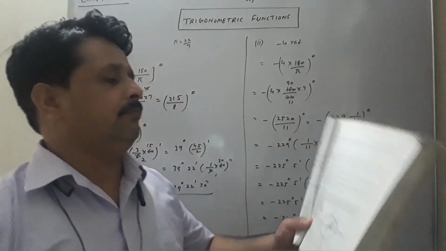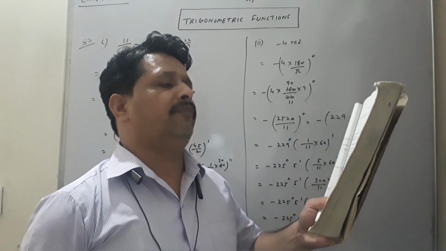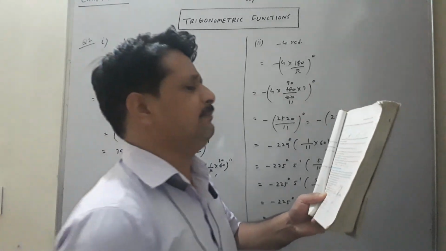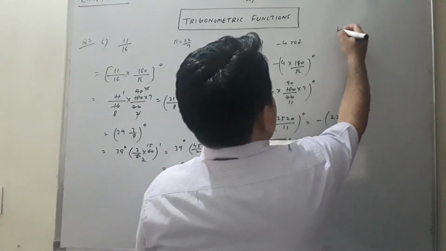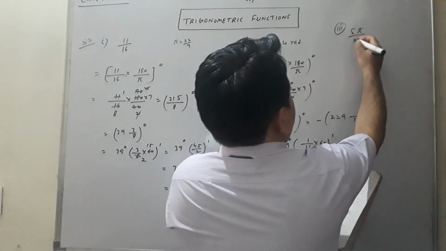Now let us come to the third part, 5 pi by 3, and the fourth part is 5 pi by 6. Very simple this is. Here is the third part. Very simply we can do it, 5 pi by 3.